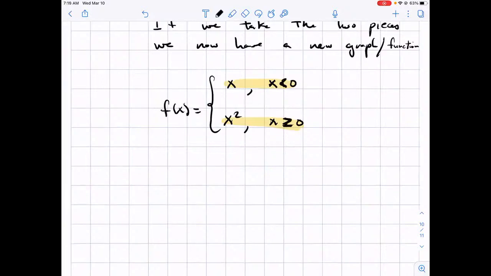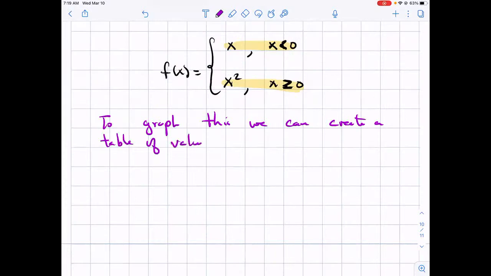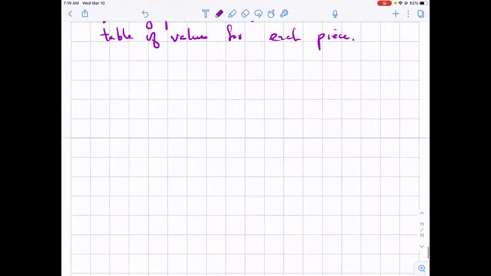Both of them cannot contain the equal sign. So I would suggest to graph this, we create a table of values for each piece.